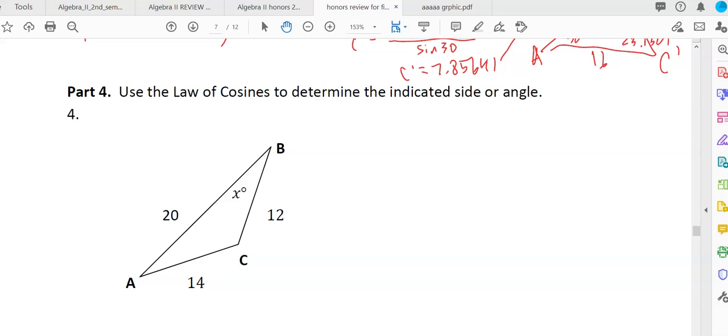Use law of cosines. So if that's the thing we're finding, it's going to be b squared here.